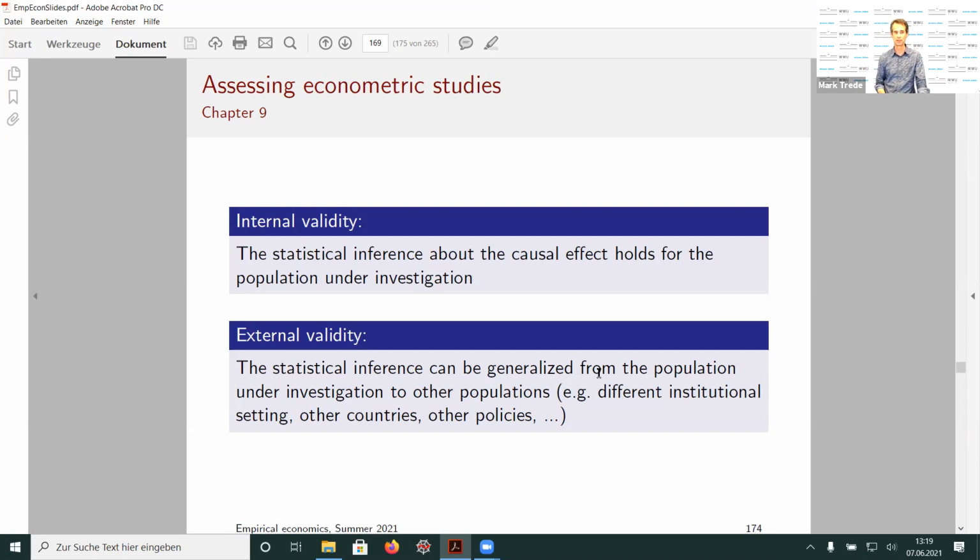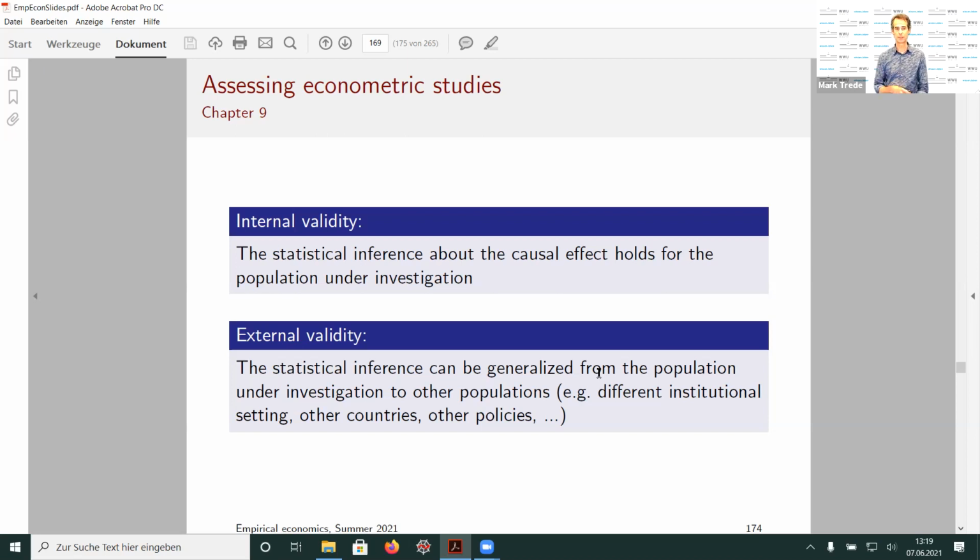We call the first the internal validity. So that means the statistical inference that we are doing, testing, confidence intervals and so on, about the causal effect, do hold for the population we study, for the population under investigation. Okay? So it's internally valid in that case.